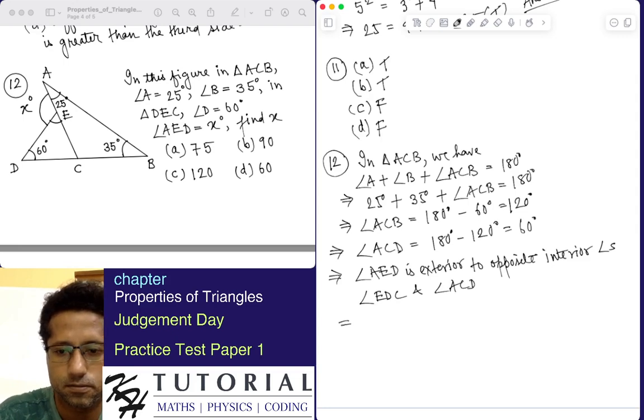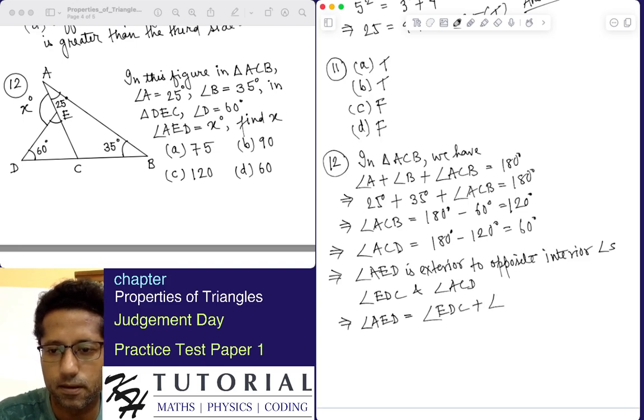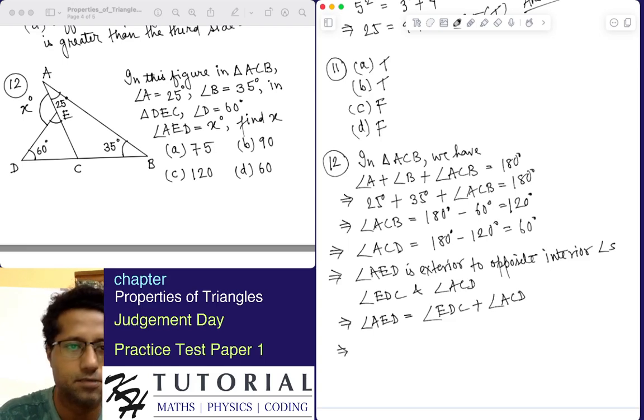So angle AED is equal to the sum of the interior opposite angles, that is angle EDC plus angle ACD. Angle AED is marked as x and we have to find x.